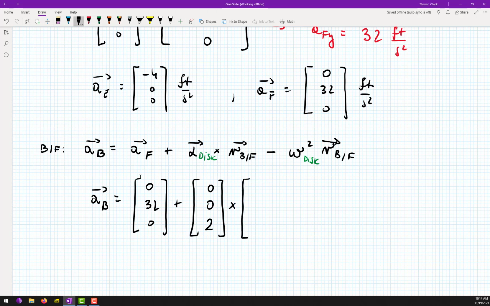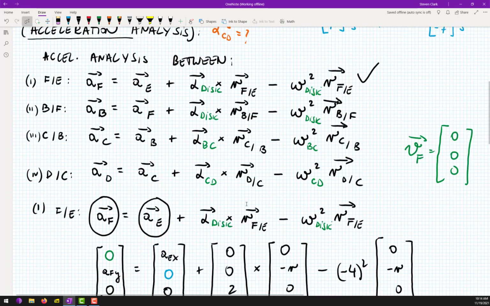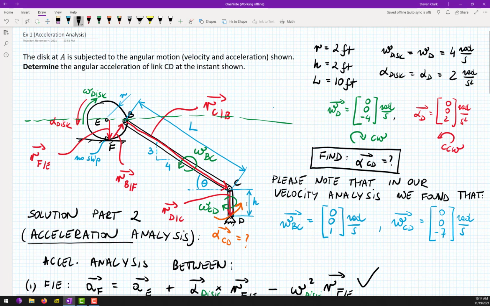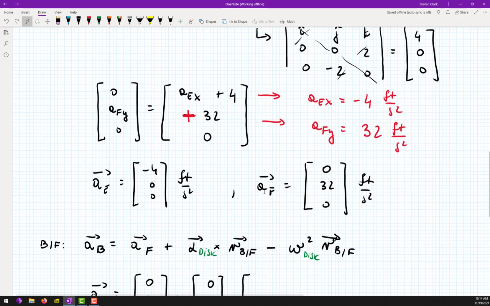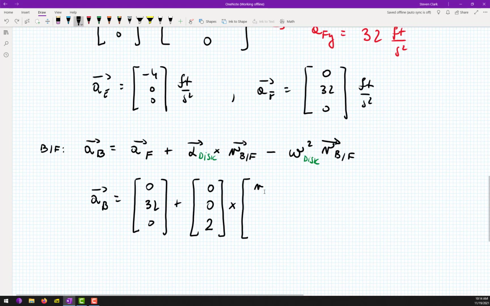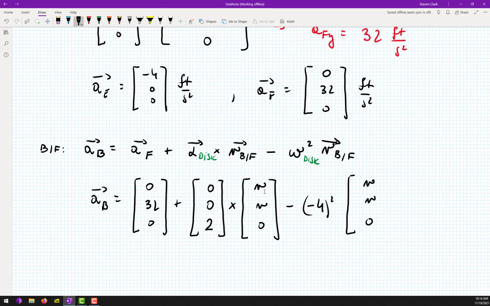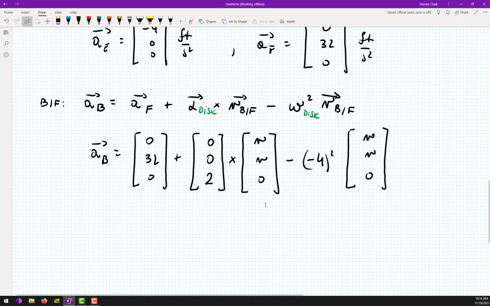We must figure out that vector, so I'm going to scroll up the board again. RBF. Aha, RBF is here. So its components will be 2, 2, 0, I believe, minus 4 squared times R, 0. Okay, our determinant is here.